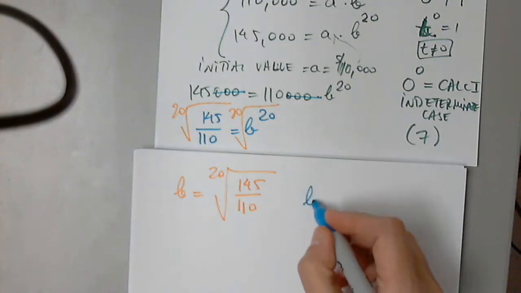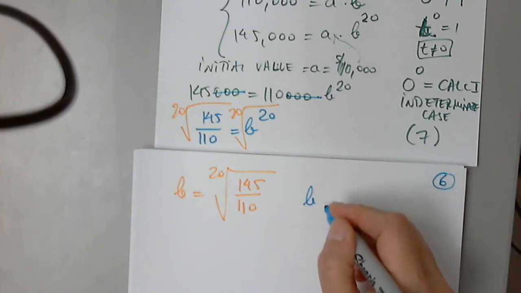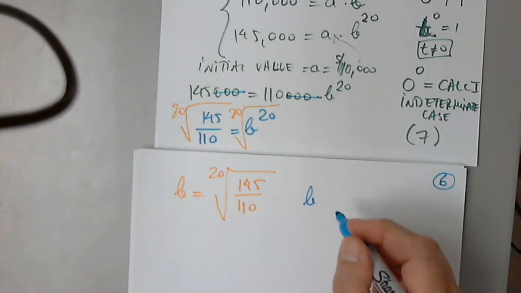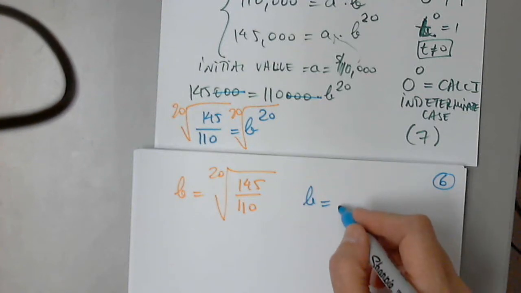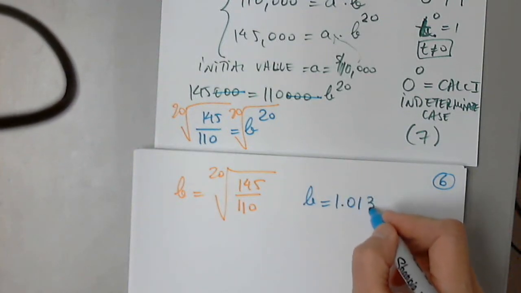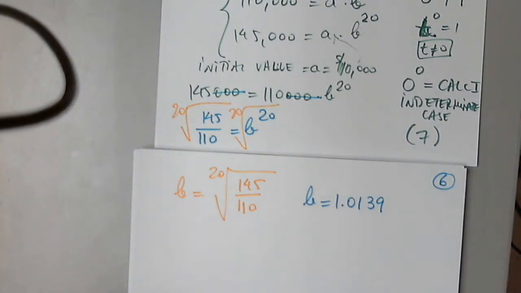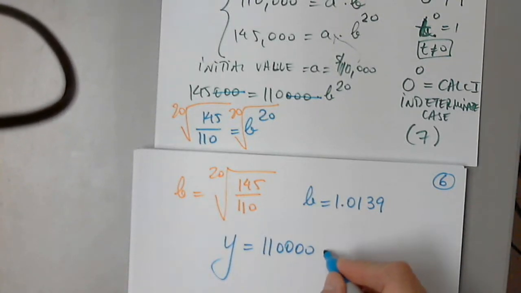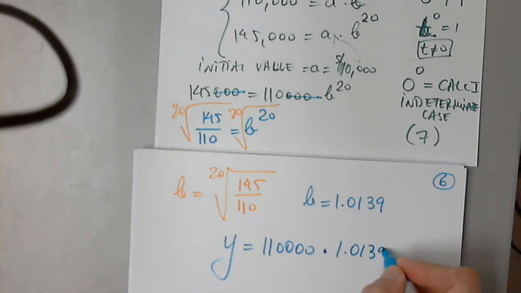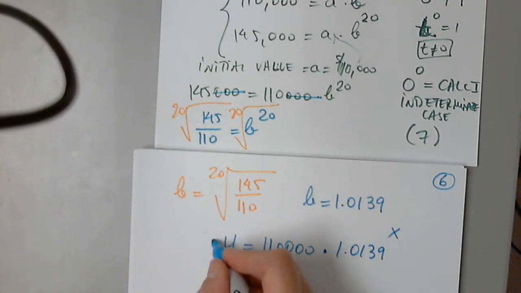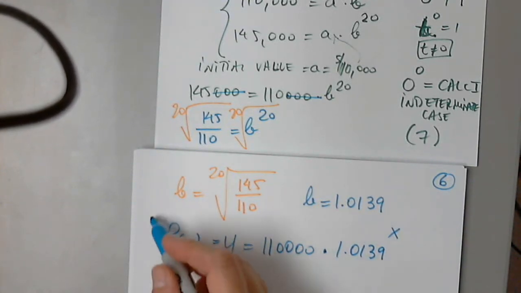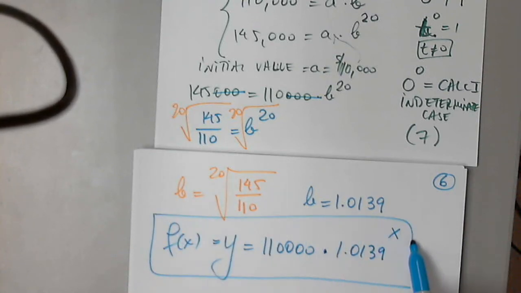For growth rate, you'll see later in this chapter, we prefer four digits. So 1.0139. Okay. So we're going to go back and put it in the formula. So the formula is y equals 110,000 times 1.0139 raised to x. If you want to call this f of x, which I would, that's even better.